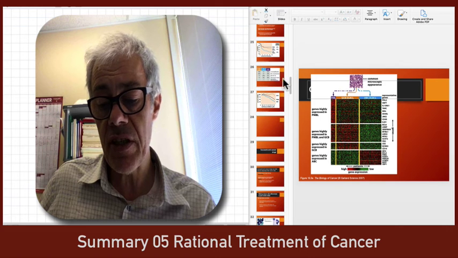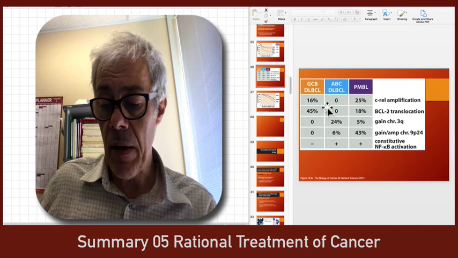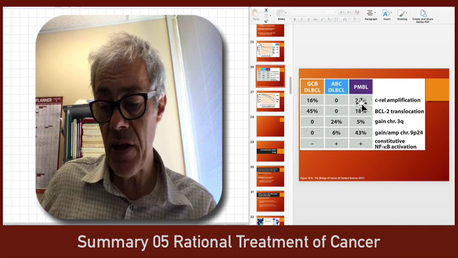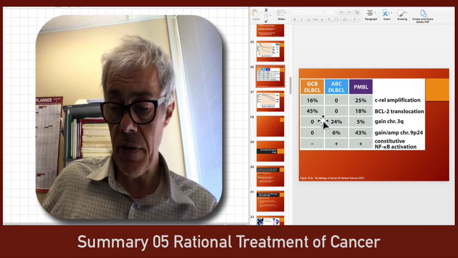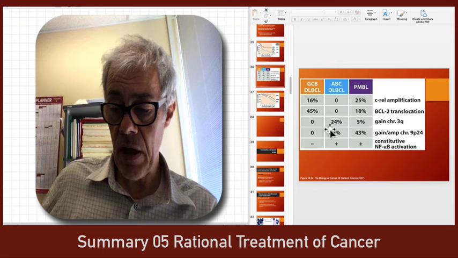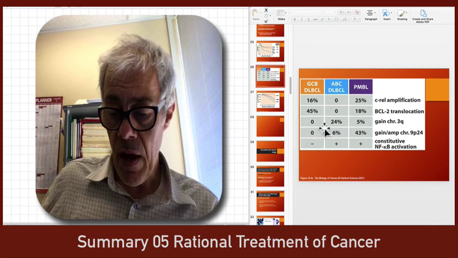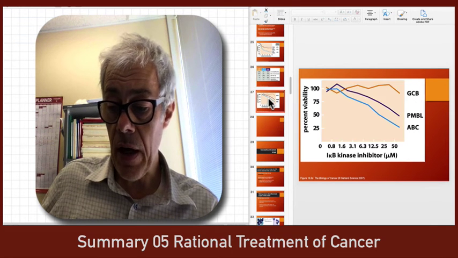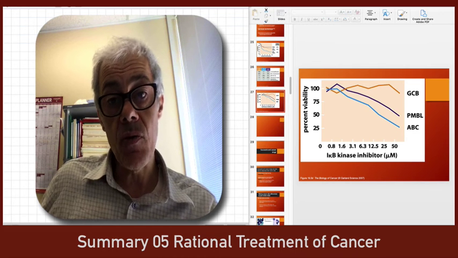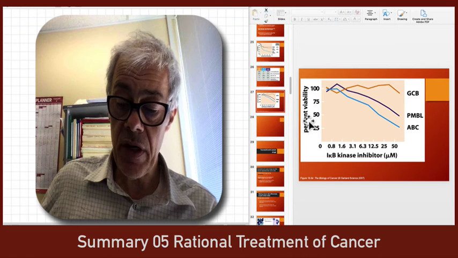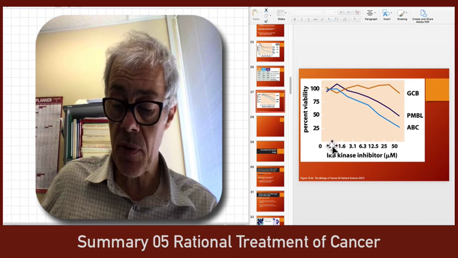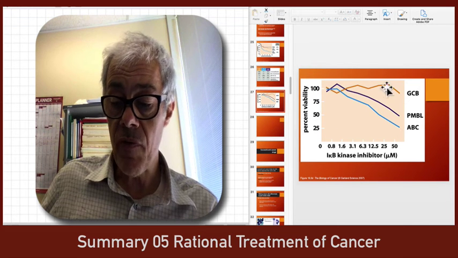So if you have a better understanding of the subtypes here, and you can see here for the different populations that they identified different proteins and genes that were present or being expressed, and the viability or the response of the different samples to the drug were very different.